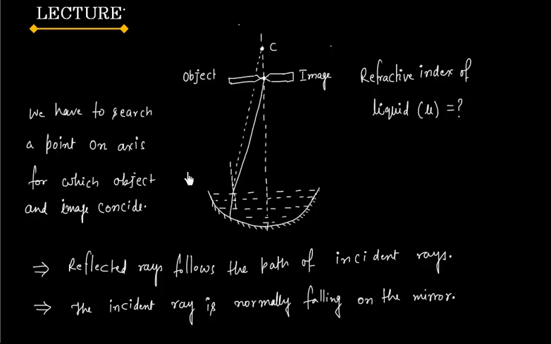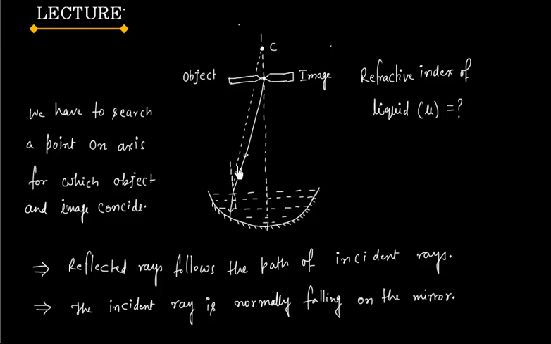So this is the center. This is because if the ray is normal to the mirror, it must be coming from the center, only then it will be normal. So this retraces its path.